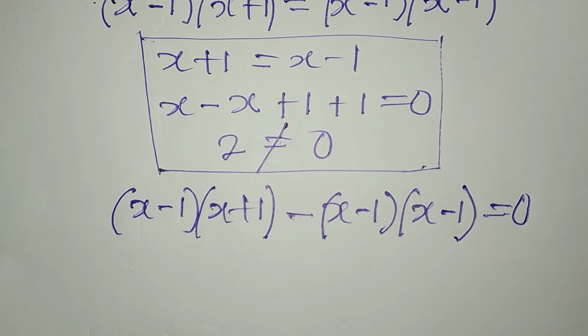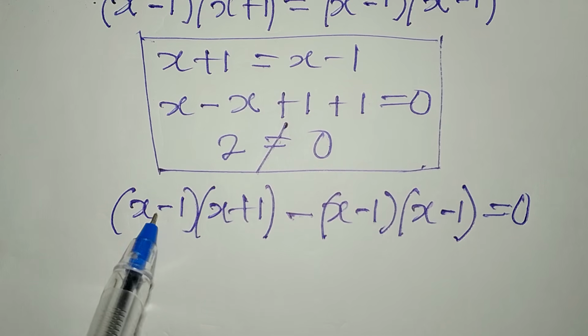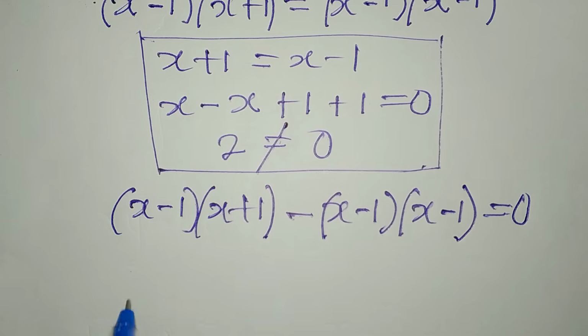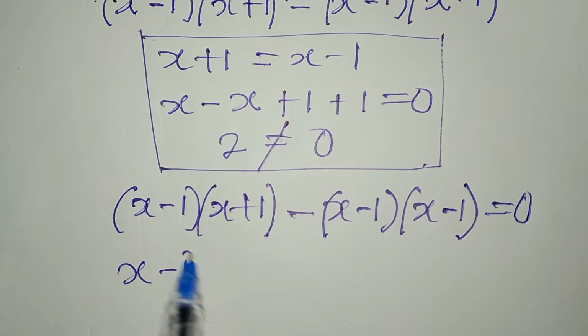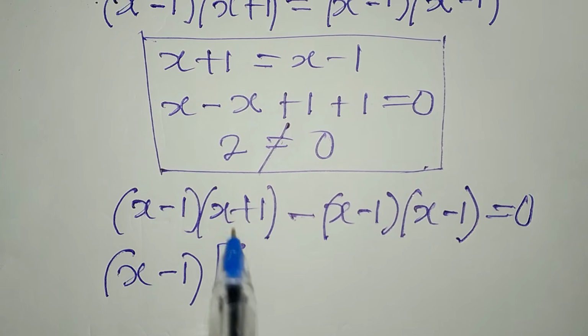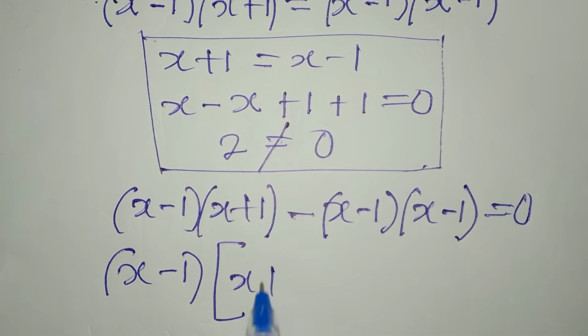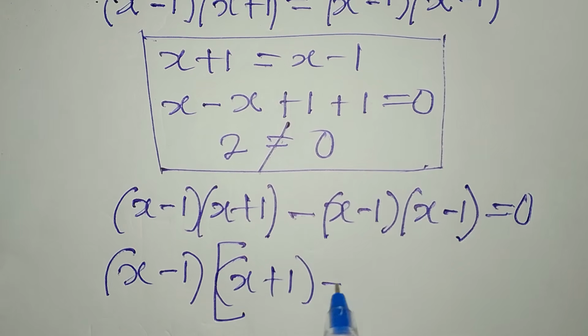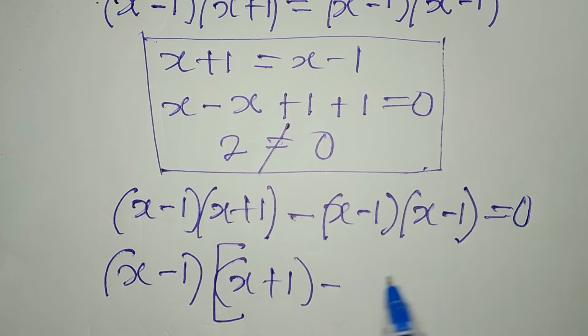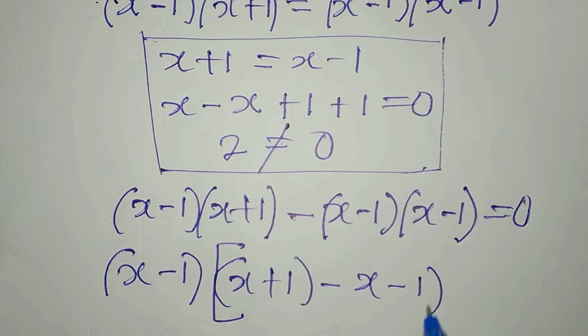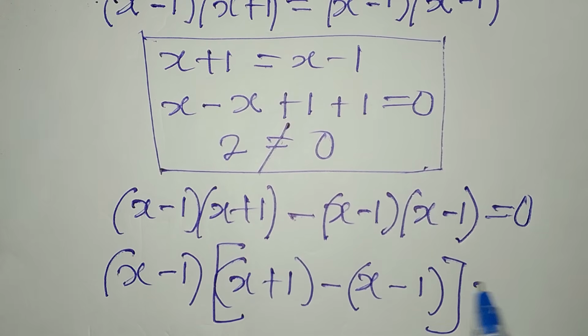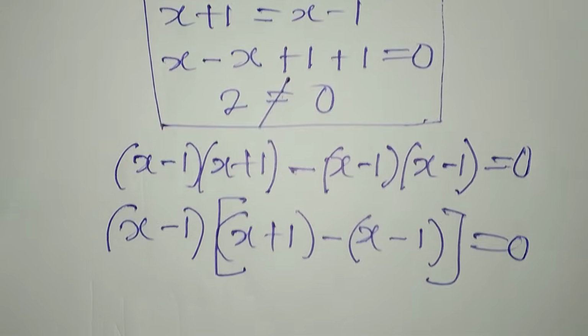So now we can factorize because we know that x minus 1 is here and it's over there. So it comes out as the common factor. Then what remains here is x plus 1 minus what remains here is one of these, right? So (x minus 1) in brackets. Then we equate to 0.